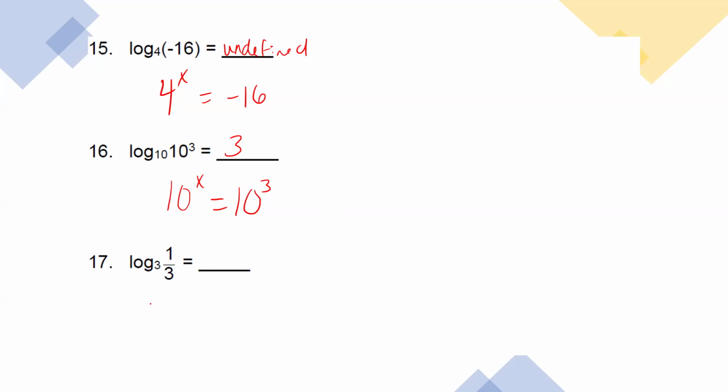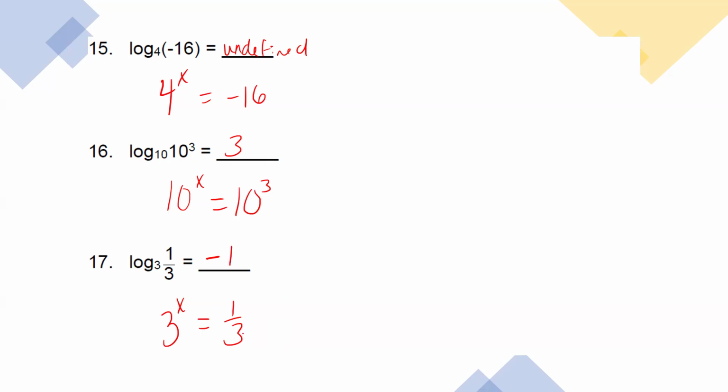Okay, 17. You're saying 3 to what power equals 1/3? It's a fraction, so I know the power has to be what? A negative. And then 3 to what power equals 3? 1.